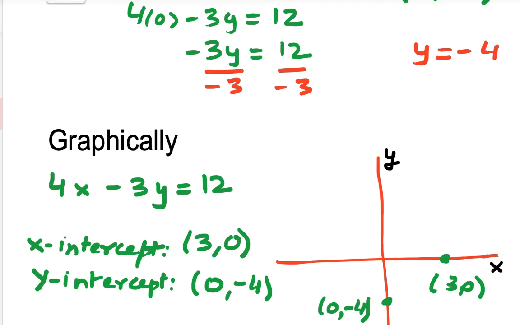Now simply draw a line passing through the points. Just draw a smooth line passing through it. Okay guys, it's a little off, so let me just erase this one, make a nicer one for you.